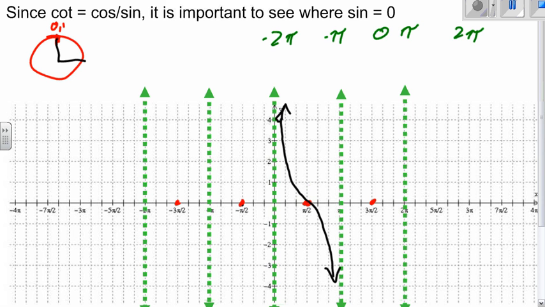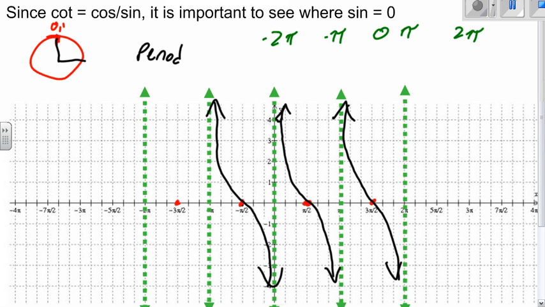So the graph of cotangent just looks like tangent, but going down instead of up. So the period of cotangent is also just pi.